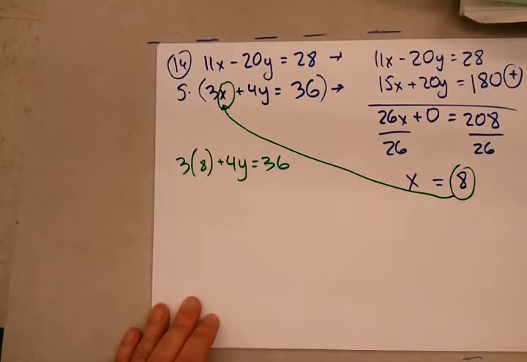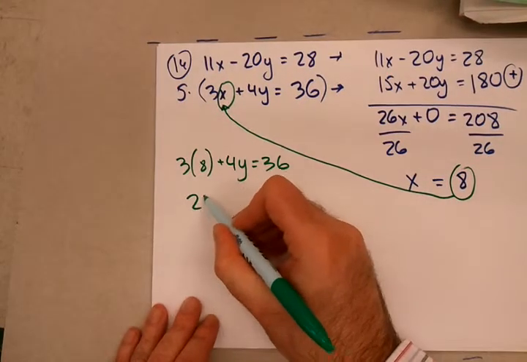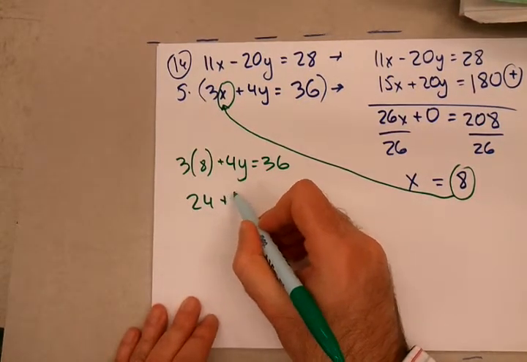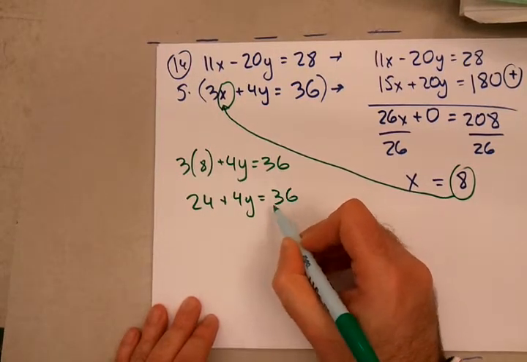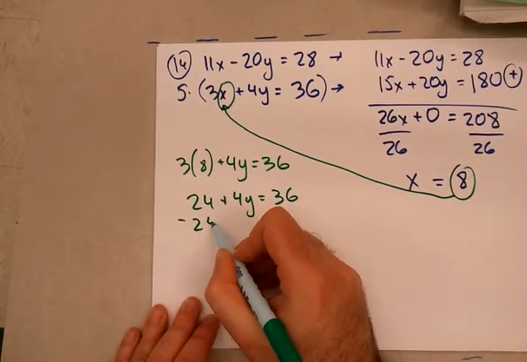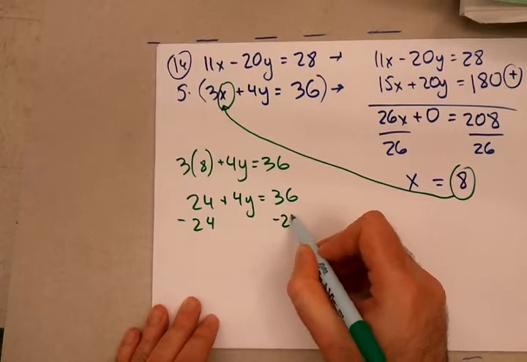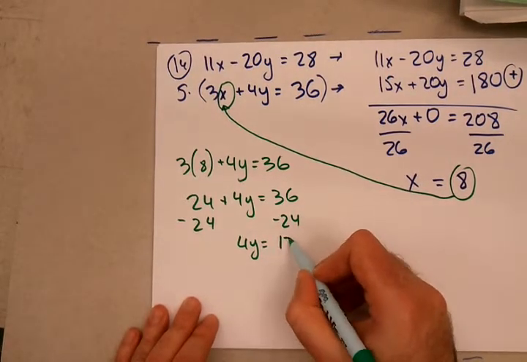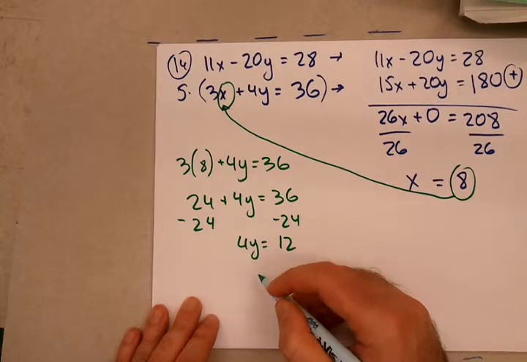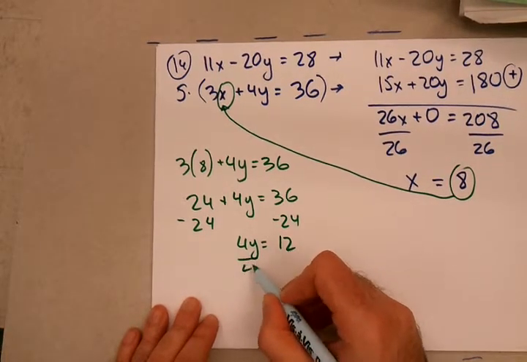So, okay, 24 plus 4y equals 36. Subtract 24 from both sides. 4y equals 12. Yes. Divide everything by 4.